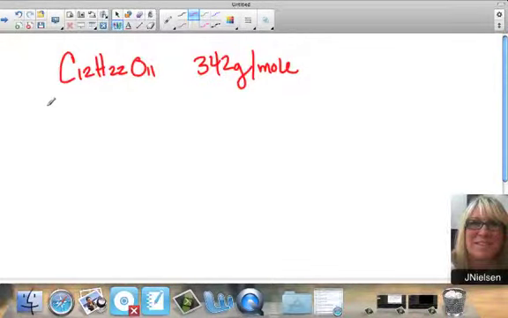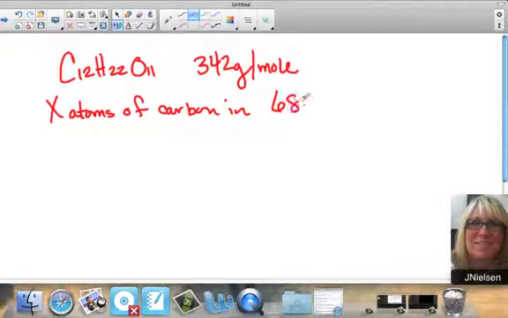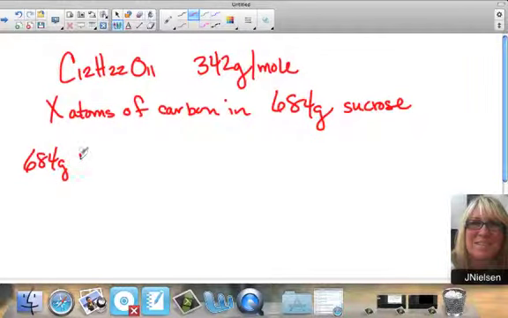So X atoms of carbon in 684 grams of sucrose. So let's see how we would solve this. We're going to start with our 684 grams of C12H22O11.